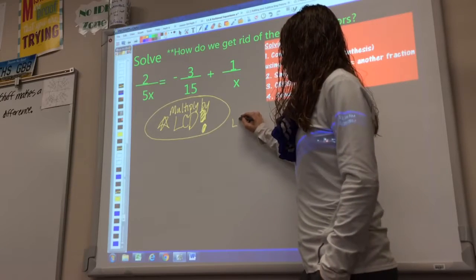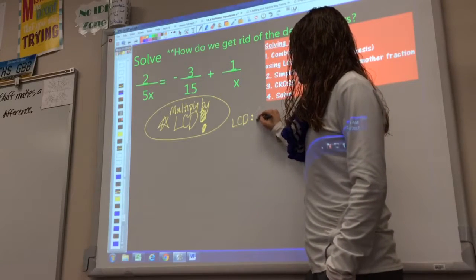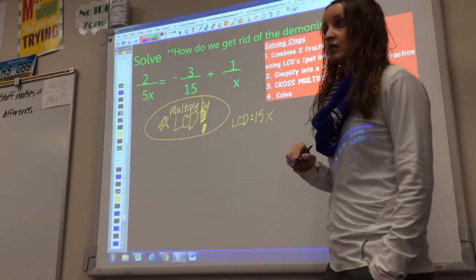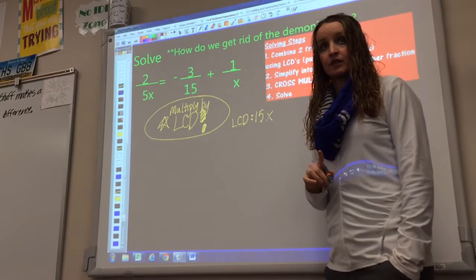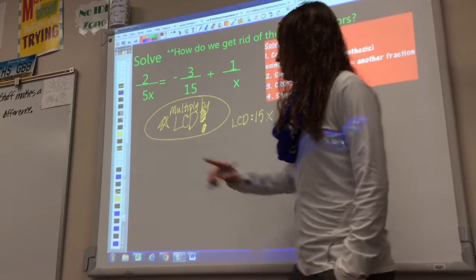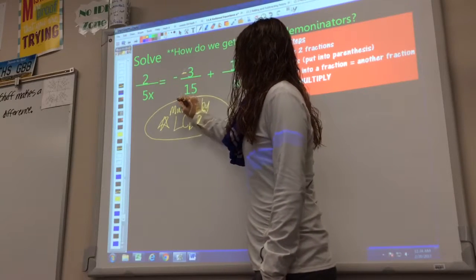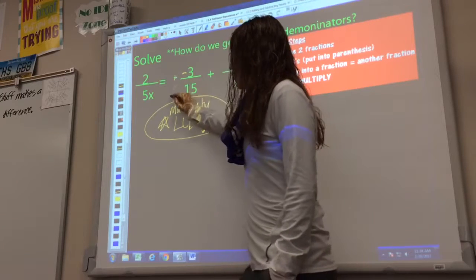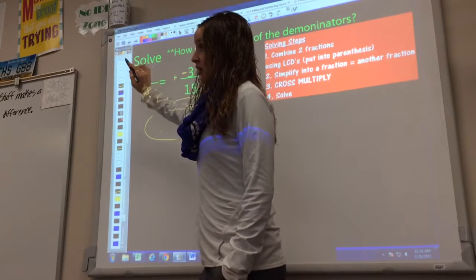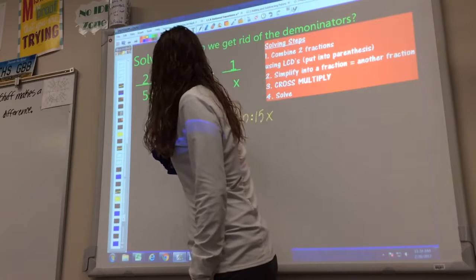First off, what is our least common denominator? 15x. Would you guys all agree with that? Yeah. Okay, then I would like you to do this. Where's this negative actually? Yeah, by the 3. Okay, cool. So then, do you guys have a separate color? Use a different color to do this.